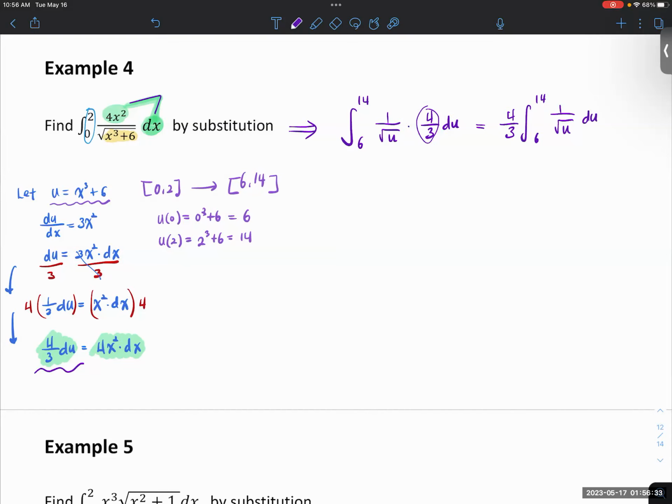Are you okay with that? So many people get confused: Professor Ben, how do I deal with this? Simplify what they mean. So 4 over 3, 6 to 14, that is 1 over u to the half exponent, because the radical is a half. And then that means you can flip it over: u to the negative 1 over 2 du. They're all the same.